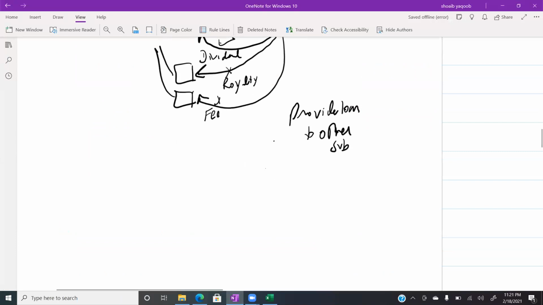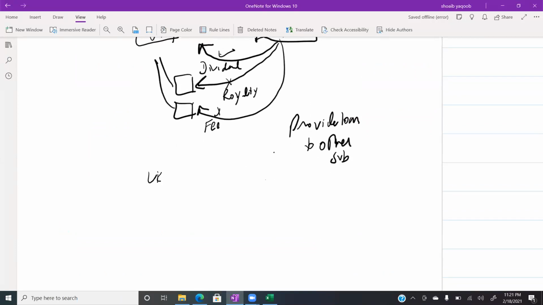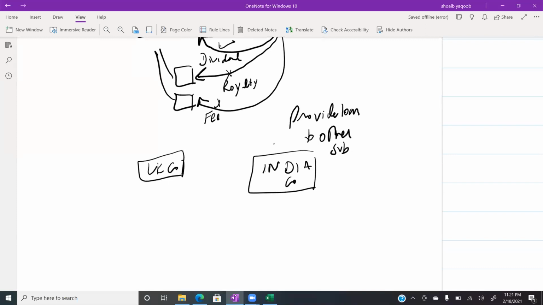Let's explain this another way. This is the UK company. This is the Indian company. The Indian company wants to transfer money to the UK company, but the Indian government has banned that. Now, what is written here?